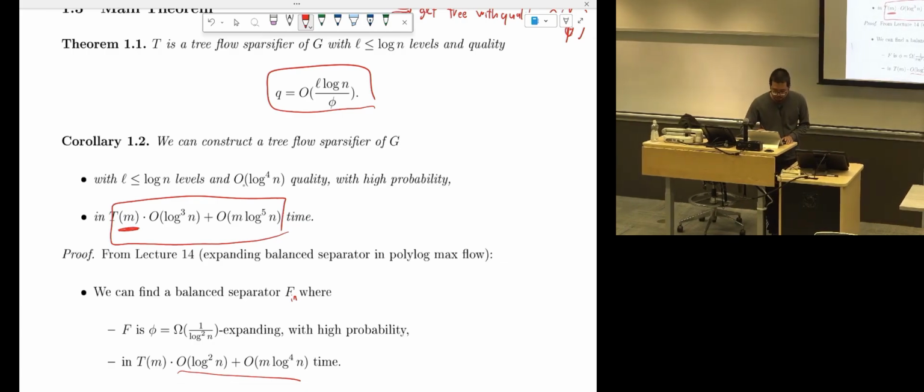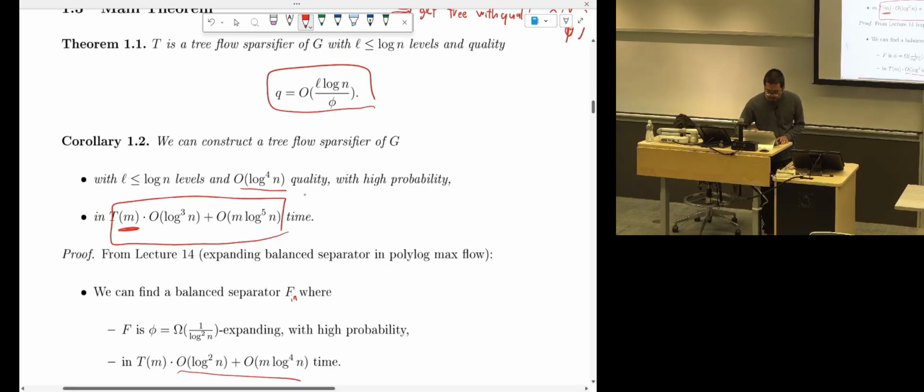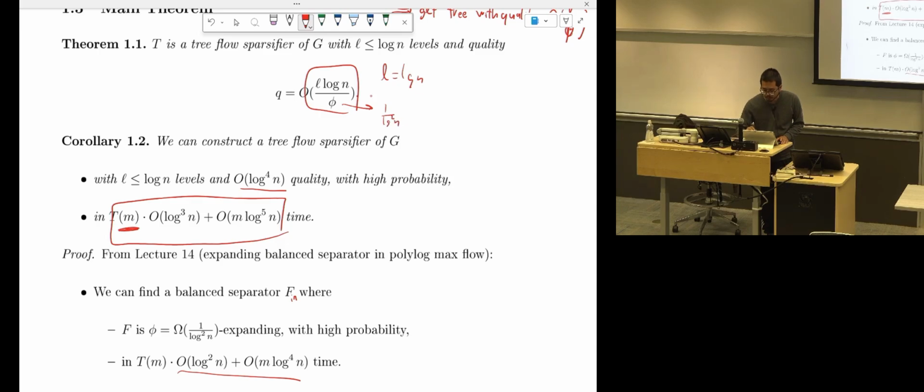What about the quality that we get? This is basically from here, where L is log n, and phi is 1 over log squared. So in total, this gives you log to the fourth. That's why the quality is log to the fourth.